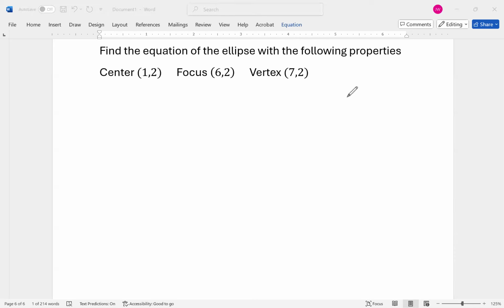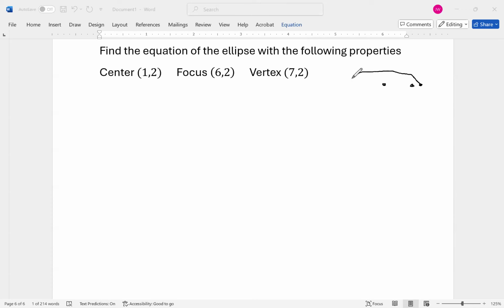Okay, so here we go. First thing I do is decide what the equation is going to look like. The center is going to be at the point (1, 2). To get to the focus of (6, 2), I have to move to the right. And to get to the vertex of (7, 2), I also have to move to the right.